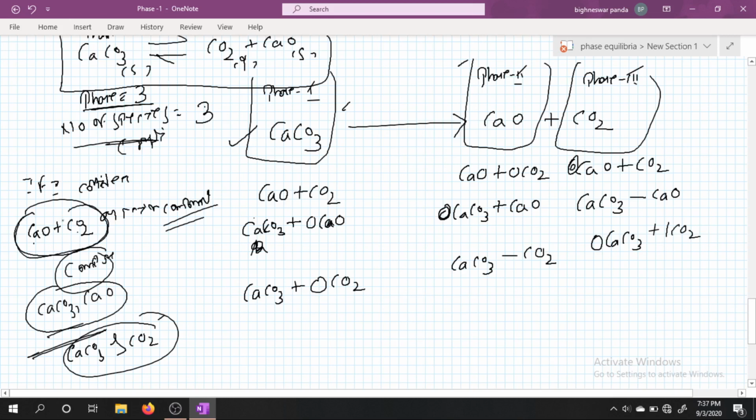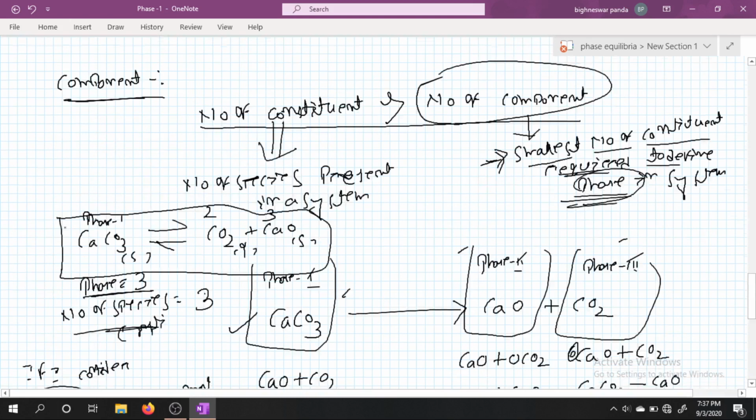So smallest number of independent constituent by means of which, if I can easily explain the composition of various phases by using a minimum number of constituent, then that is called number of components.